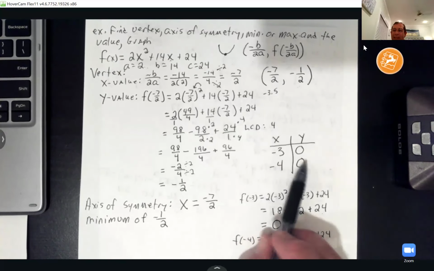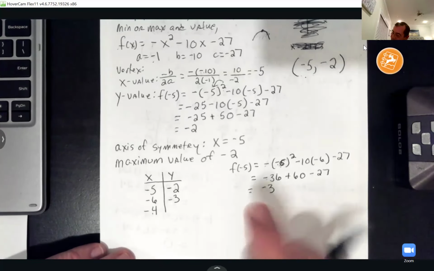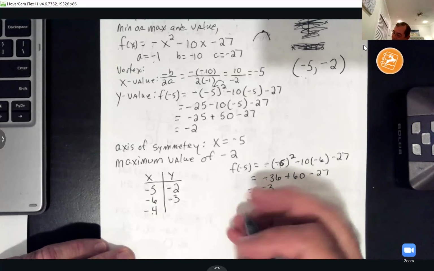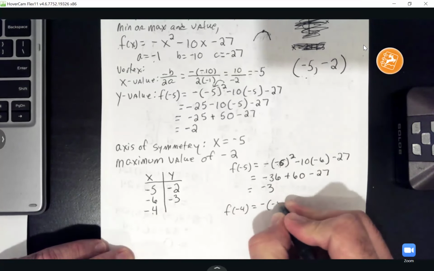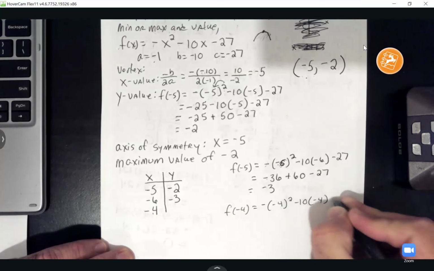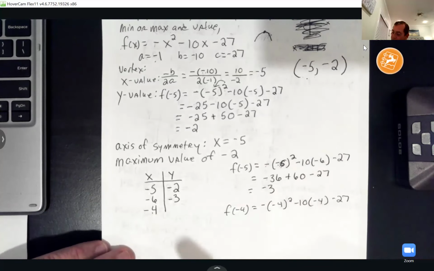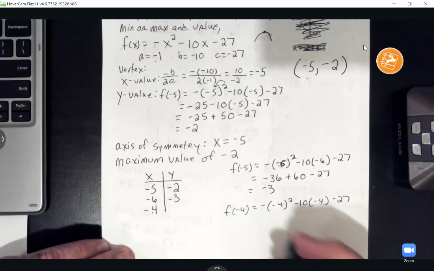Well, they both gave me 0. So we know for sure if we were to plug in that f of -4, that's what I want y'all to see, why I'm picking these numbers that are on each side.